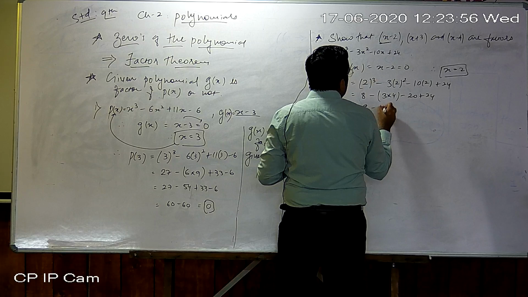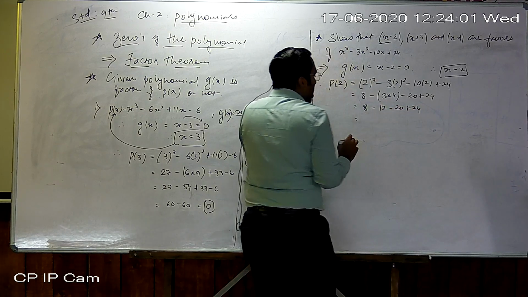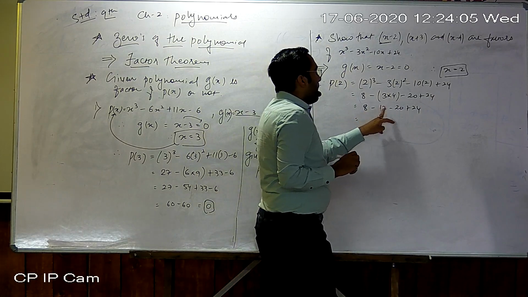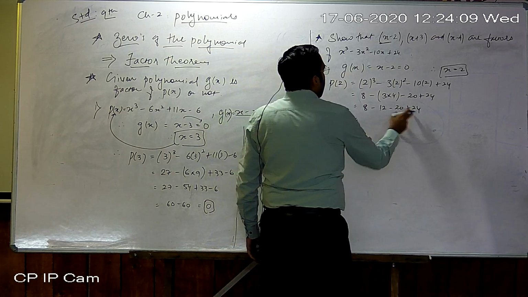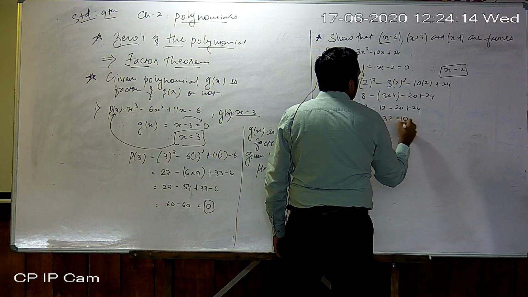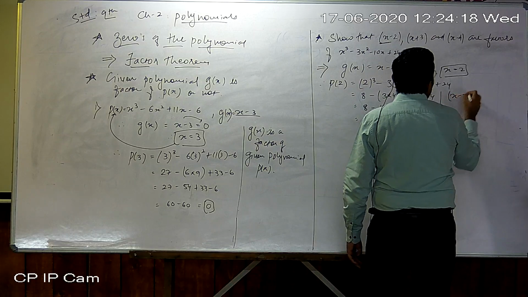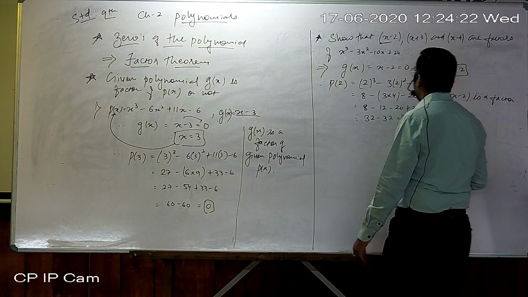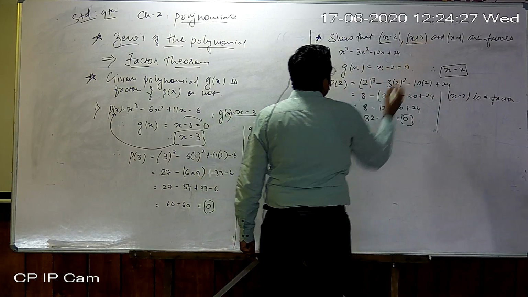Now 8 minus 12 minus 20 plus 24. 12 plus 20 is 32, and 24 plus 8 is also 32. 32 minus 32 is 0. Now I'll write that x minus 2 is a factor. Now check the second value, x plus 3.